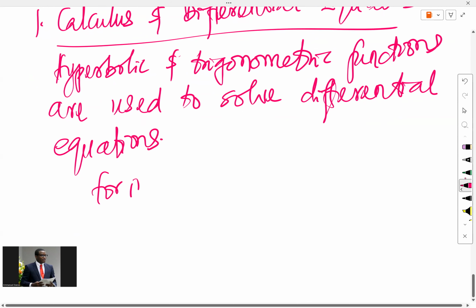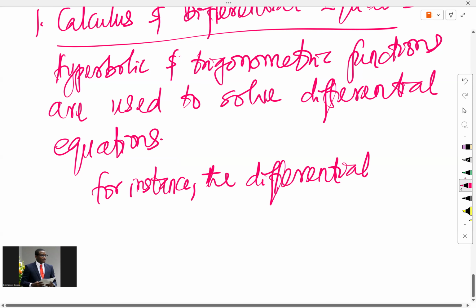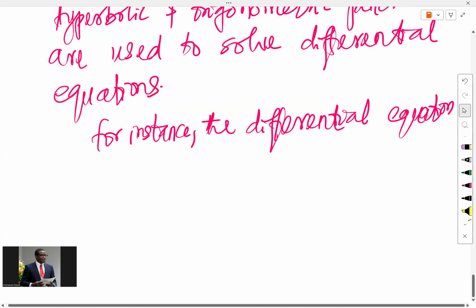For instance, the differential equation d squared y dx squared equals 0.